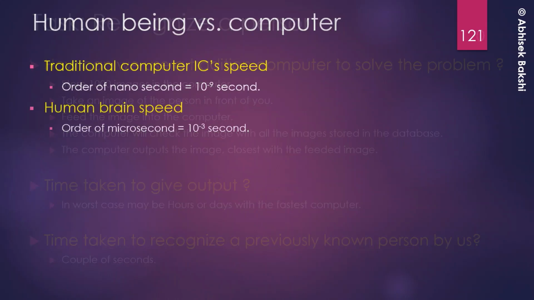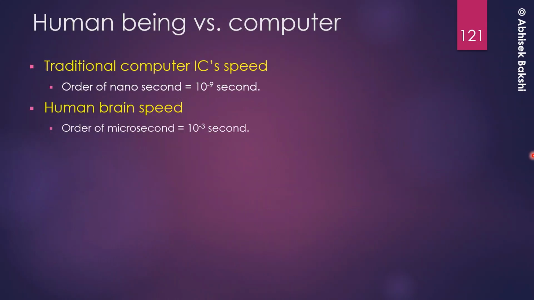Let's see. If you compare the traditional computer's IC speed with the speed of a human brain, we will see that the traditional computer's IC speed actually works in the order of nanoseconds, 10 to the power minus 9 second, whereas the human brain works in, say, milliseconds, I mean 10 to the power minus 3 second.